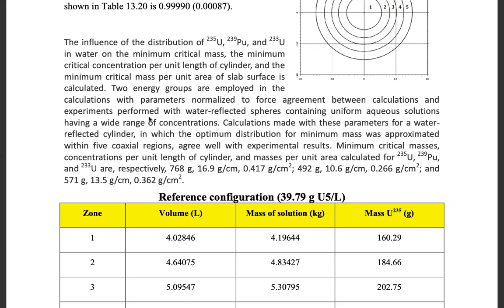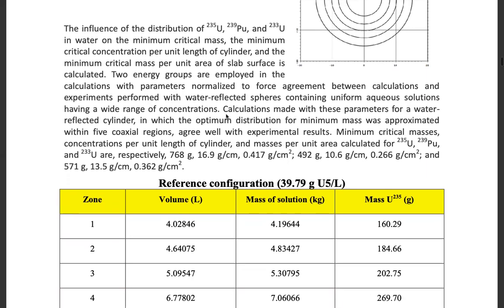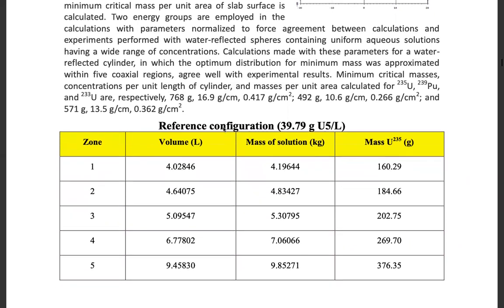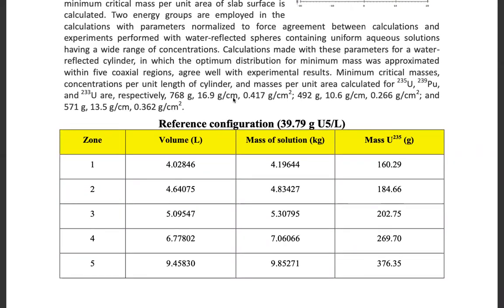Just like you put salt or sugar in a glass of water, we're putting uranium in a glass of water. Calculations made by Clark with these parameters for a water reflected cylinder, in which the optimum distribution for minimum mass was approximated with 5 coaxial regions, which I just showed you, agree well with experimental results.